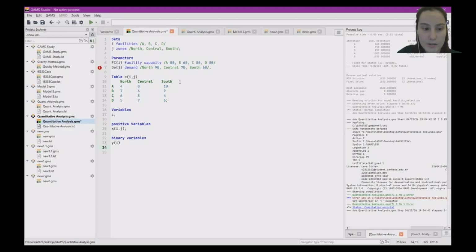Now, don't forget the semicolon, we are going to our equations. I am going to keep the equations very simple. First, we have our objective function, then the supply constraint.